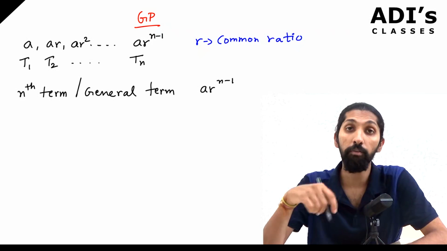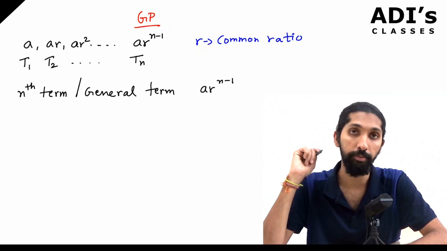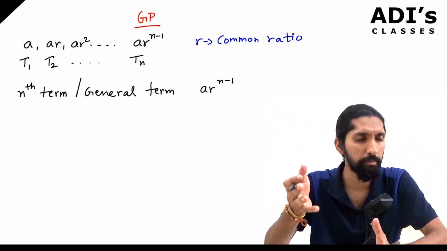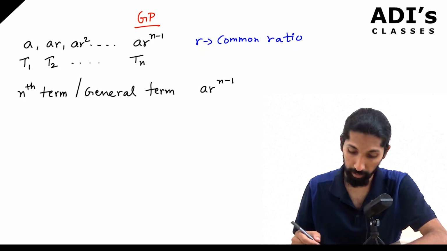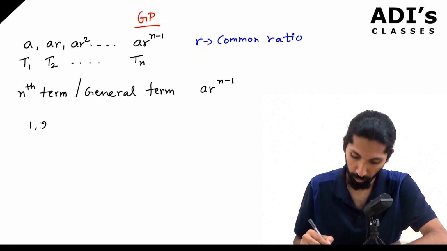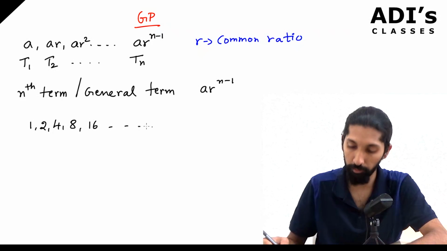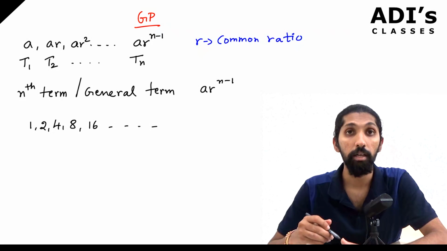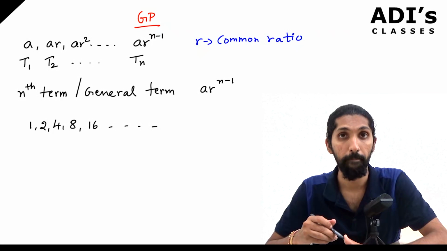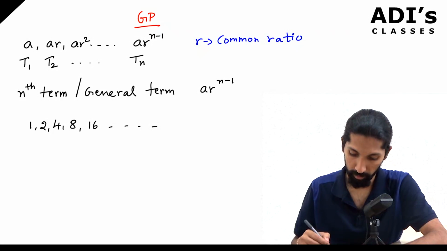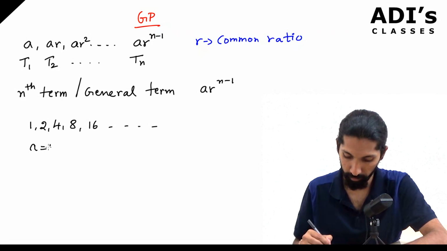Now, whenever we talk about a geometric progression, I'll give you a simple example. Say we start by taking 1, 2, 4, 8, 16, so on and so forth. See, this is a GP because, what is the common ratio? We'll take the a value 1, very simple.